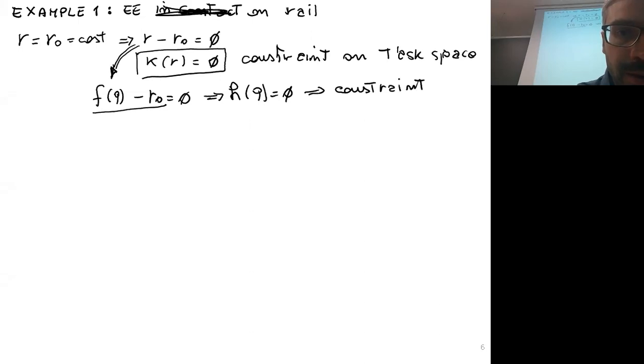And this is a constraint in joint space.